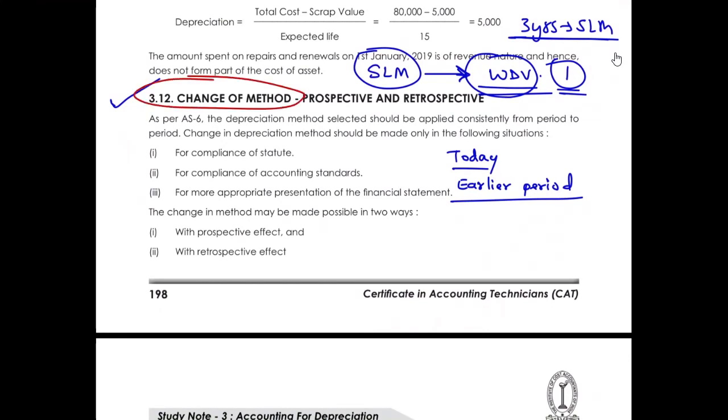Now, if there is a change in method, the change can be prospective as well as retrospective. What do you mean by prospective? That means from today onward, the change will be applicable.